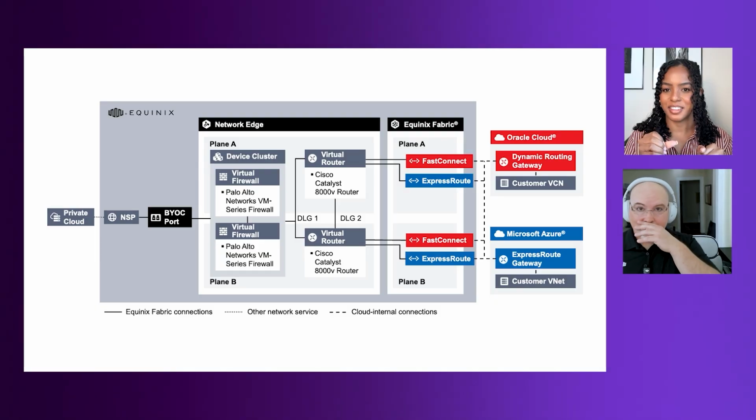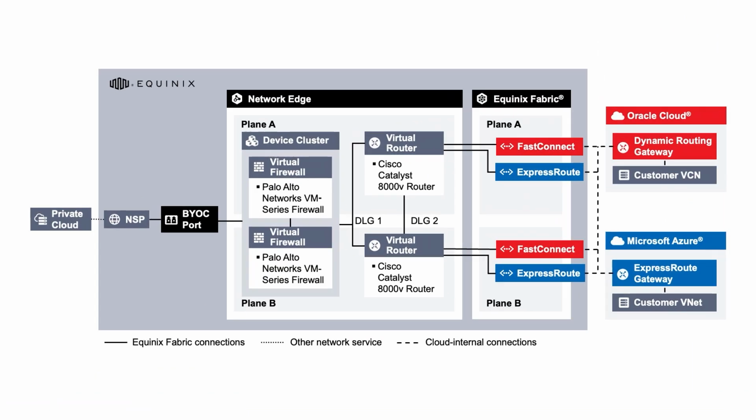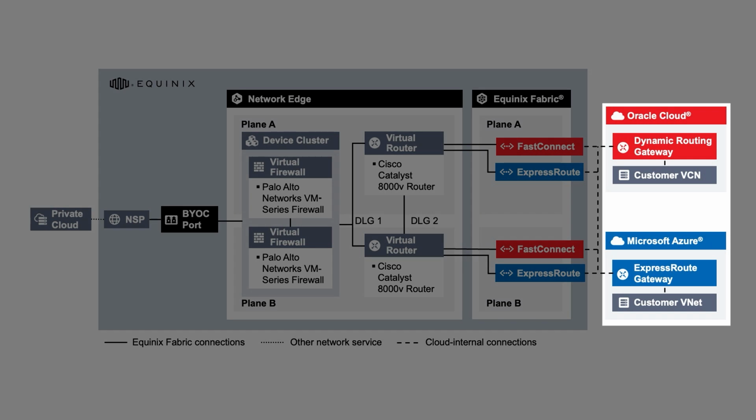Yeah, and that's really important because when you connect into a cloud, services like Azure ExpressRoute or Oracle Cloud FastConnect, you're landing that traffic into the cloud provider's virtual network construct, a VNet in Azure or a VCN in Oracle Cloud. So to make those connections functional, you need specialized routing gateways inside the CSP environment.